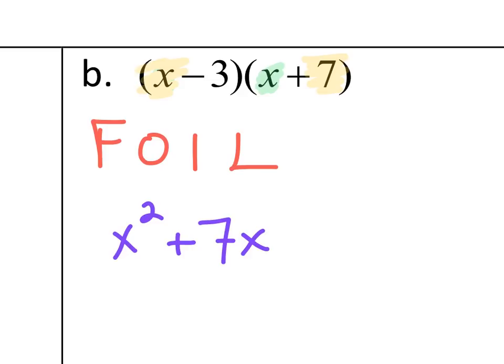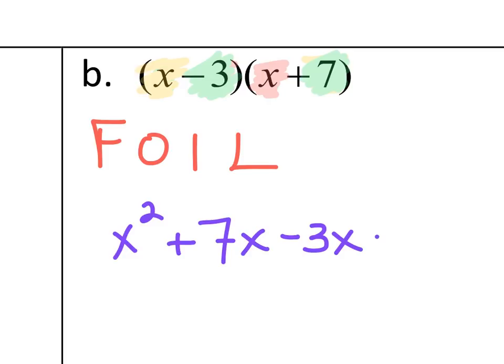And then I stands for insides, and insides means the terms on the inside of the problem, and that's the negative 3 and the x. So that's going to be minus 3x. And then the word lasts stands for the last term of each binomial. So the negative 3 and the positive 7.